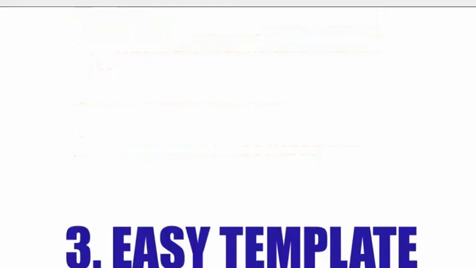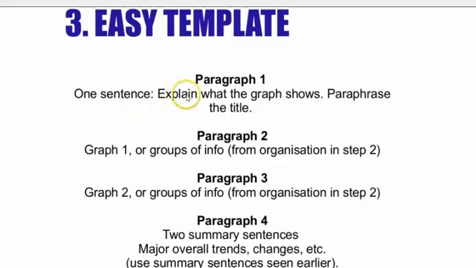Now, that's the 3-step plan. Now we're going to look at the template which we can use to structure the actual final essay. Paragraph 1 will be 1 sentence. We're just going to paraphrase the title. Paragraph 2, groups of information from the organization we did in step 2.